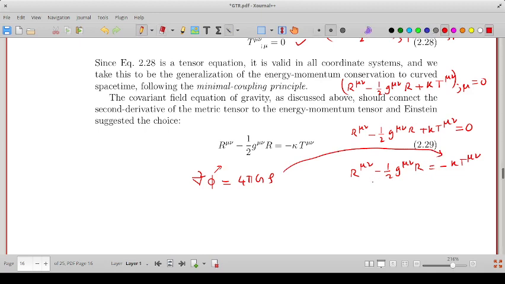So we may think of the generalization of this equation in terms of an equation like this. So Einstein proposed this equation, and we should now check that in the Newtonian limit this equation reduces to the Newtonian equation of gravity.